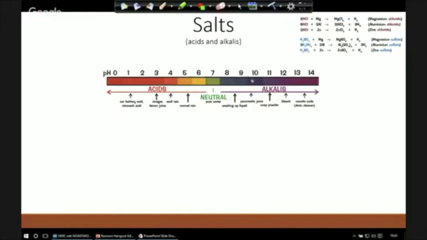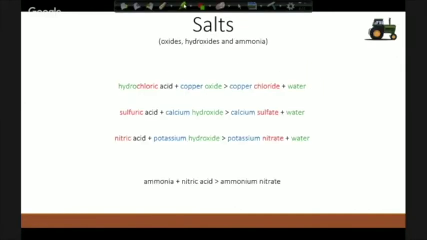So that's acids and alkalis. Now, there are two further points that you need to remember. Acid and alkali goes to salt plus water. Acid and metal goes to salt plus hydrogen. You also need to know oxides and hydroxides.